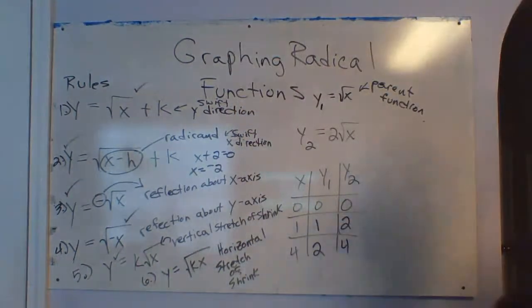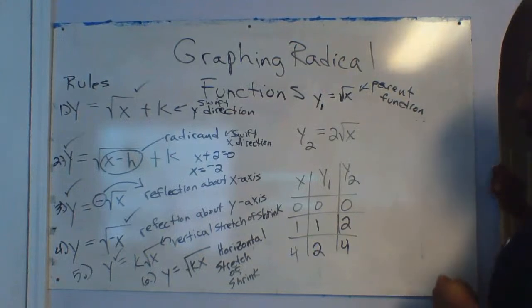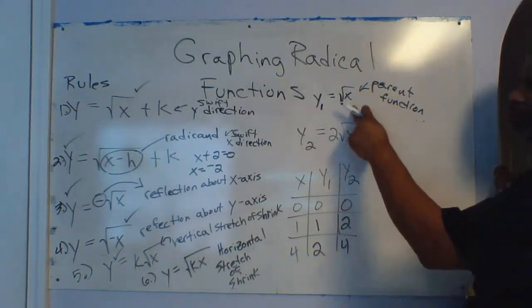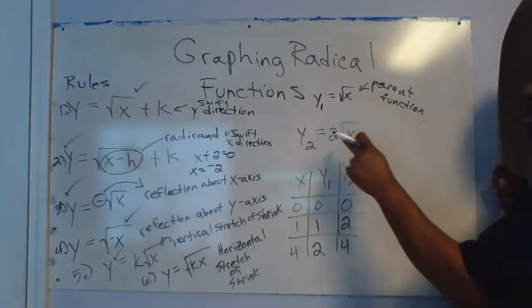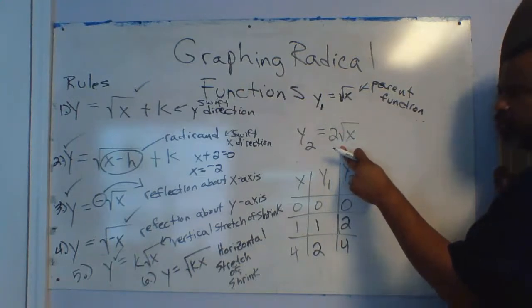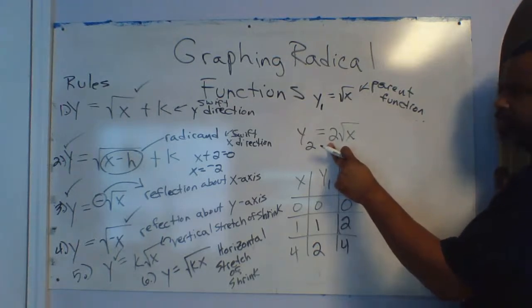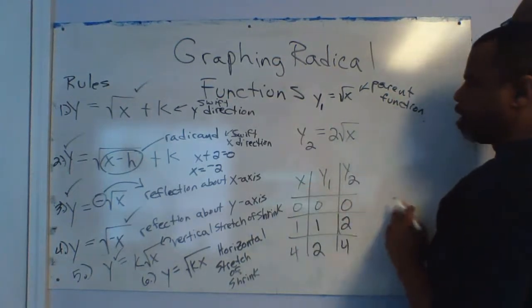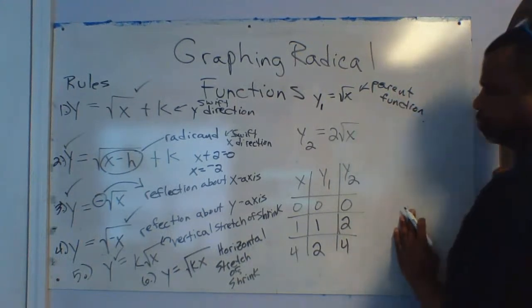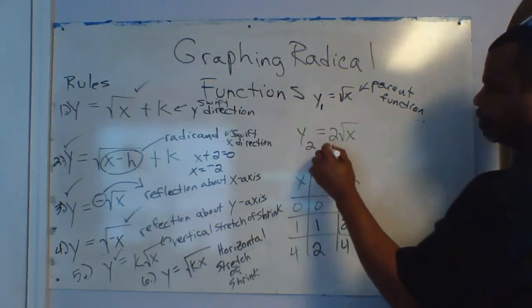All right. So now I have to graph this. I'm going to graph the parent function, and since 2 is greater than 1, greater than 0, this is a vertical stretch. Okay.